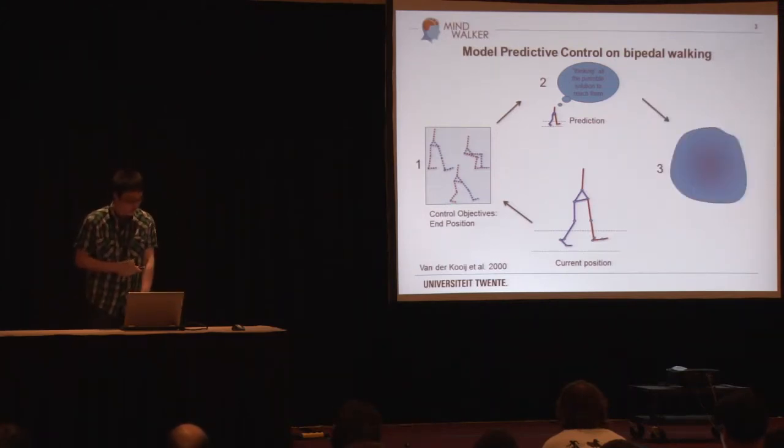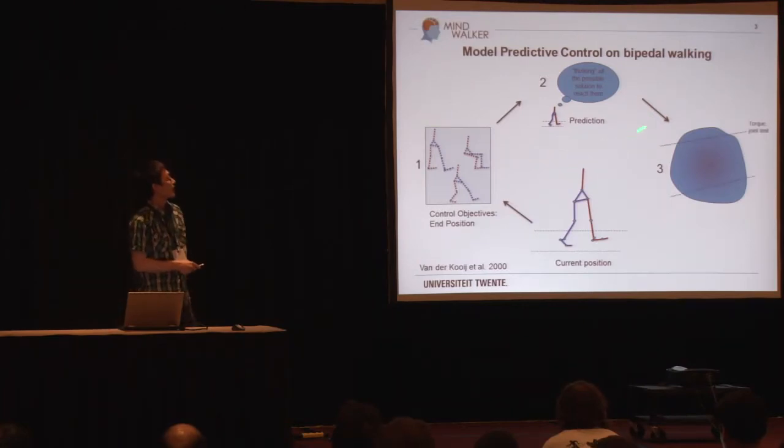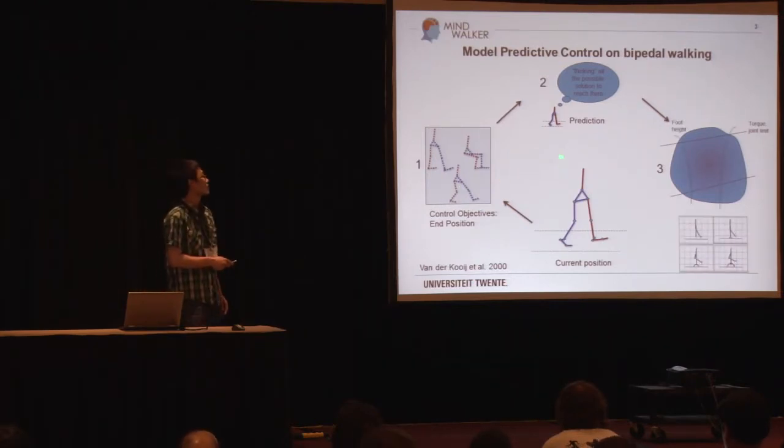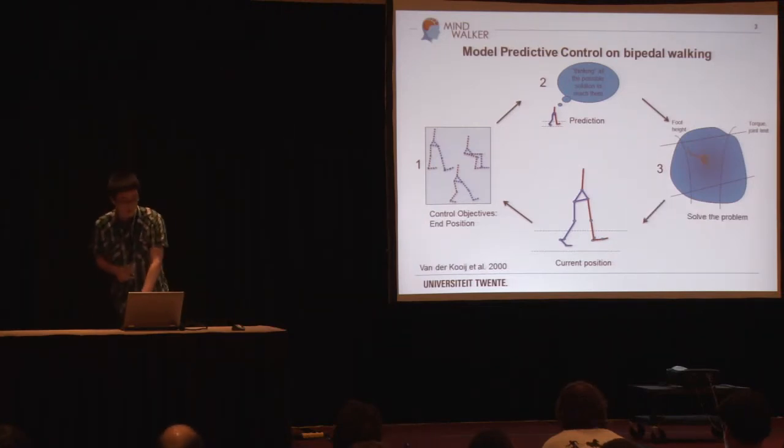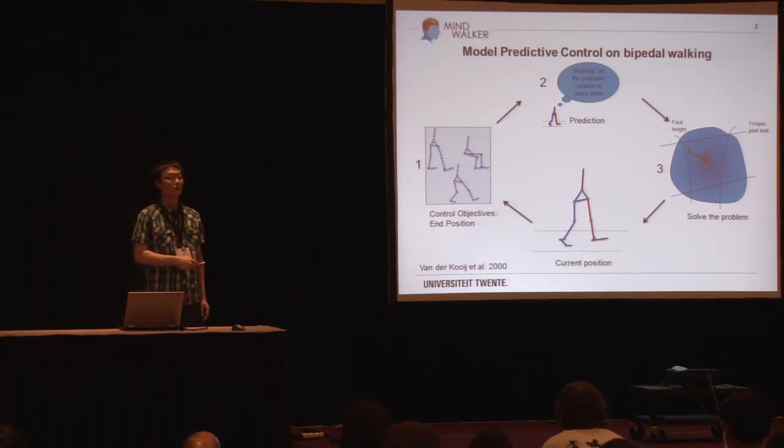Then we solve an optimal problem by adding constraints such as a maximum torque constraint, and also nonlinear constraints such as foot height, so that we can avoid obstacles. Then we apply the desired torques to the robot and finish such a loop.